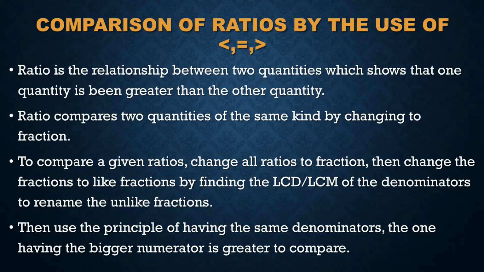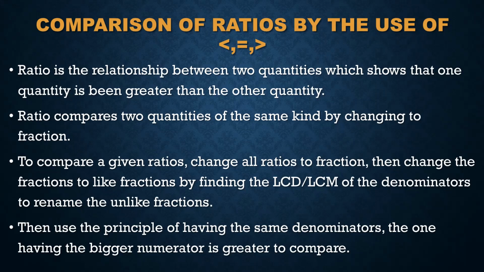To common fractions. And then you change all common fractions to what? To like fractions. Because it's likely that the fractions you change to will be unlike, and you can't compare unlike fractions unless you find the LCD of the denominators. And then you write equivalent fractions for these and you get like fractions.